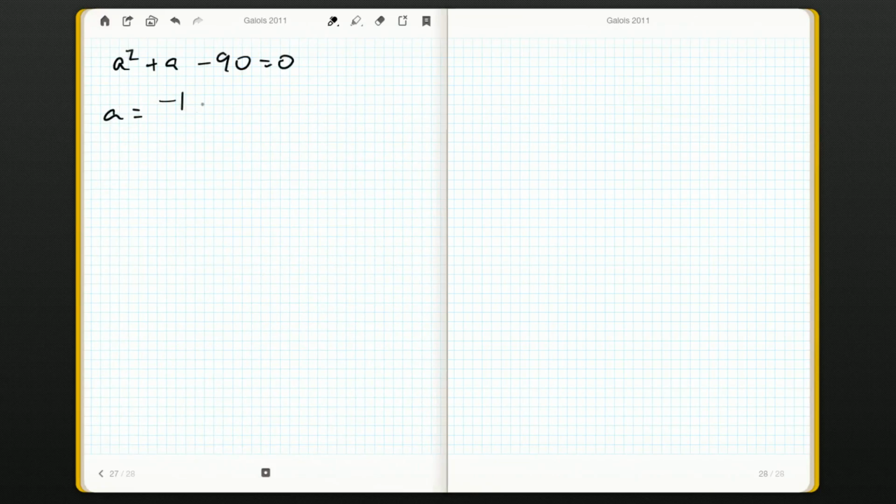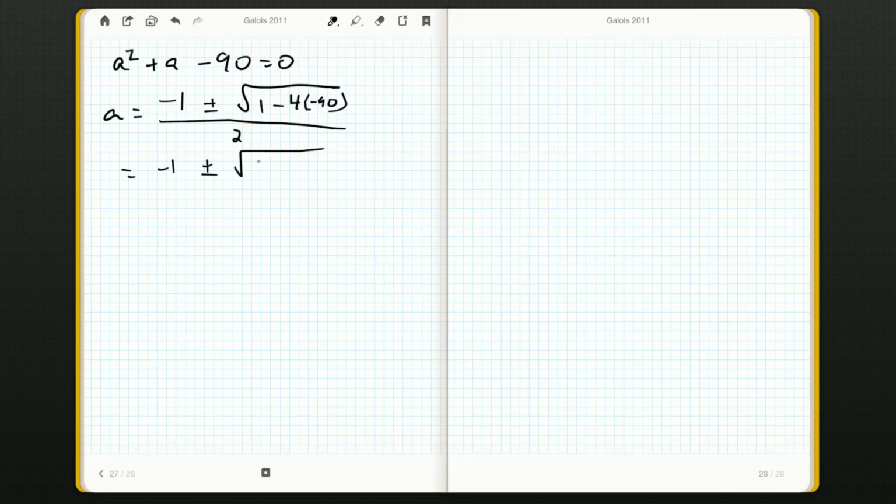So negative 1 plus or minus square root of 1 squared minus 4 times negative 90 all over 2. Negative 1 plus or minus, this will be 361, which is 19 squared. So negative 1 plus or minus 19 all over 2. And we'll get answers of 9 or negative 10. So 9 is our answer.